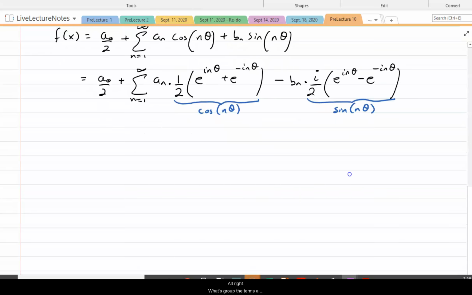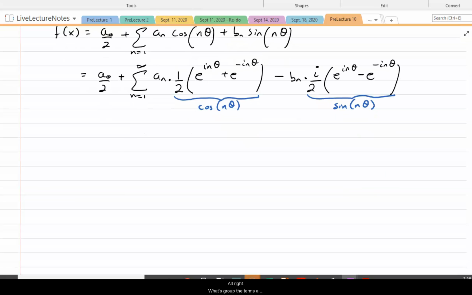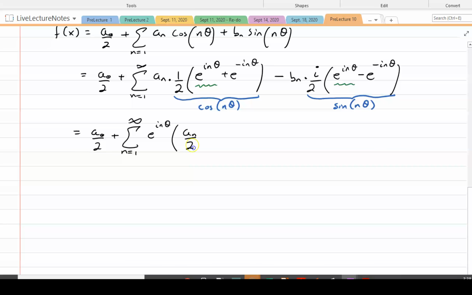All right, let's group the terms a little bit. So a0 over 2, and I'm going to group everything together which has an e to the i n theta. What do I have for e to the i n theta? I've got this term and this term. So I'm going to have an over 2 minus i bn over 2.